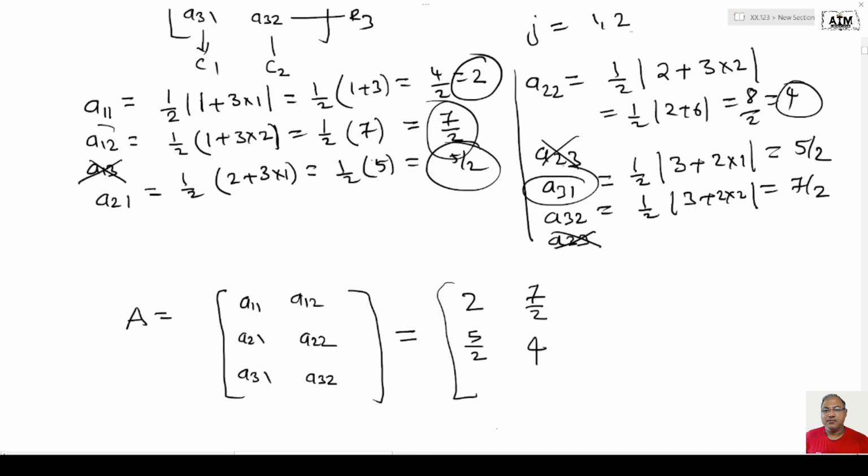Then A31 equals 5 upon 2, then A32 the value is 7 upon 2. So this is the required matrix, and it is a 3 by 2 matrix, 3 rows and 2 columns. So this is the required solution.